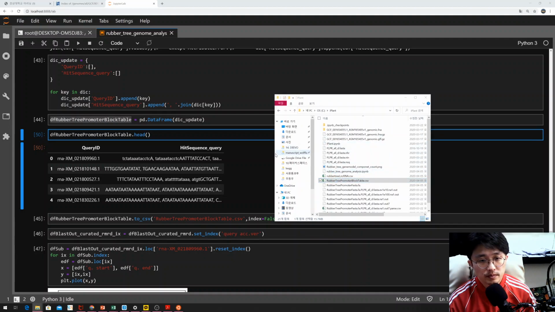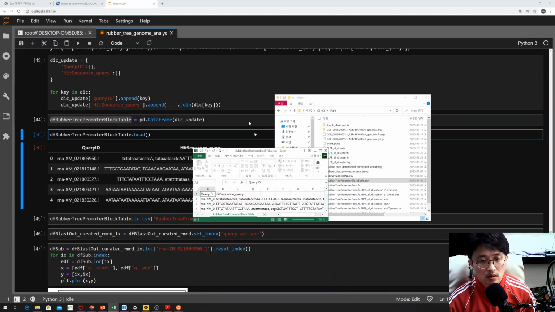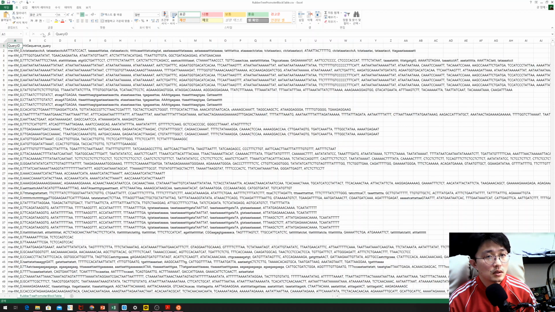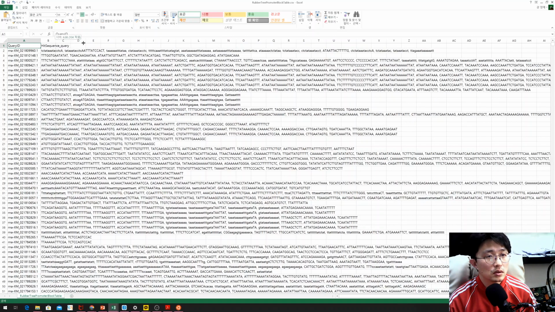Block table. Then you can see this situation of our blocks.